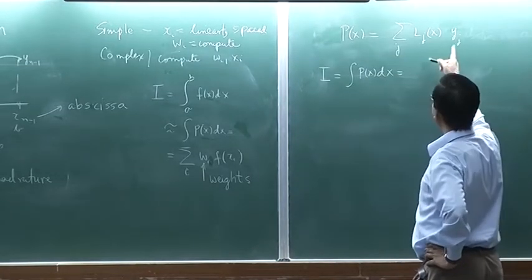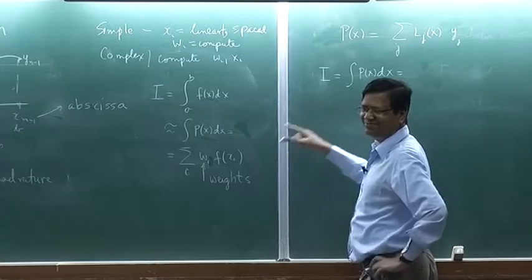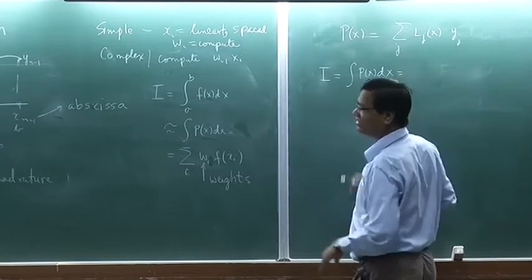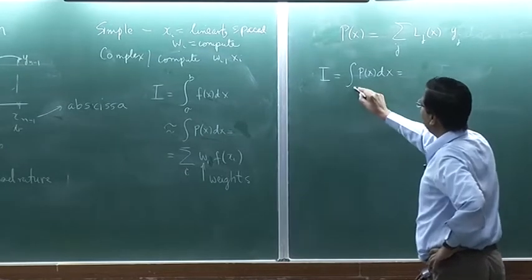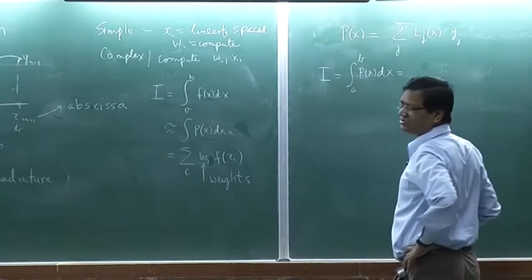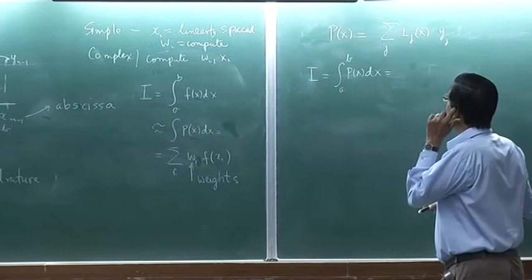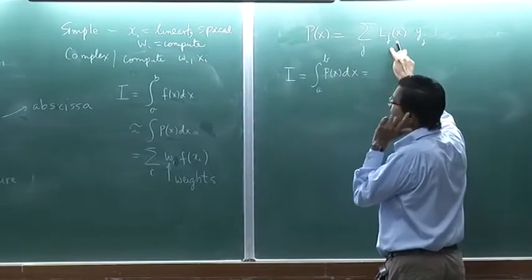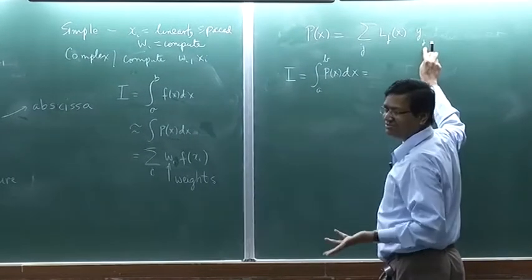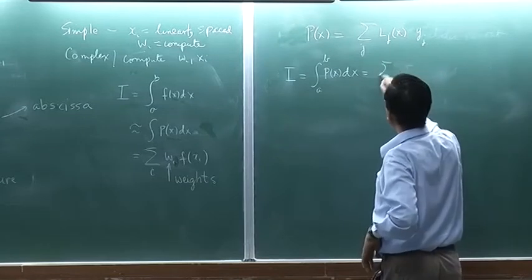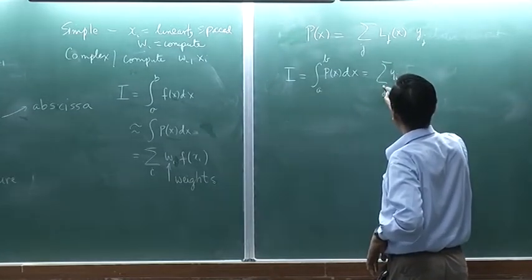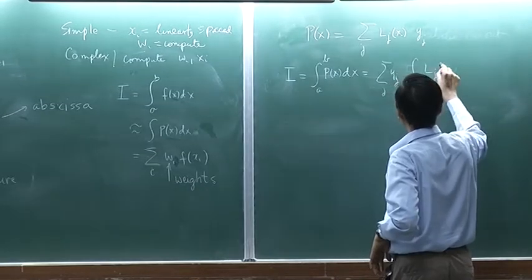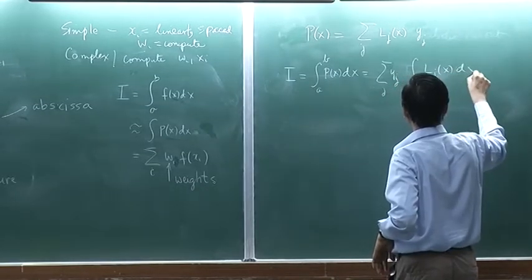So my notation is slightly changing, i and j, so please don't mind, okay. So i and j are running indices. So the integral, I'll put a to b endpoints. So this will act only on Lj, it can't act on y, which is a constant. So I can take yj outside the sum over j of the integral of Lj(x) dx from a to b.